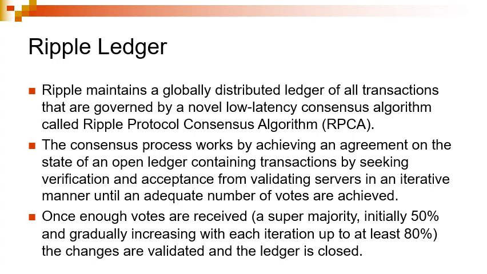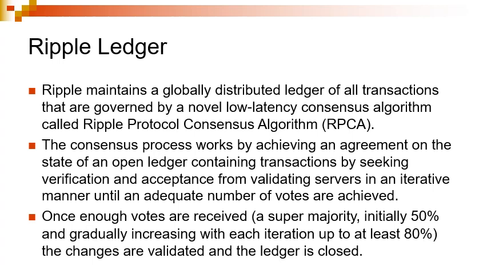So the transaction is committed only if it receives an adequate number of votes through the consensus mechanism, from the validating nodes, or we can say unique nodes, or validators.